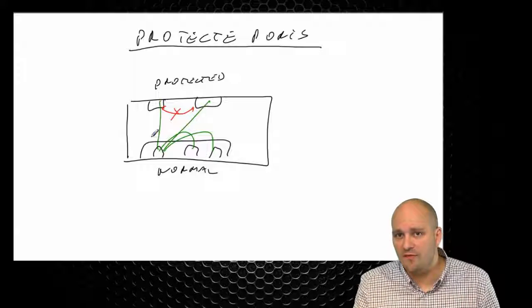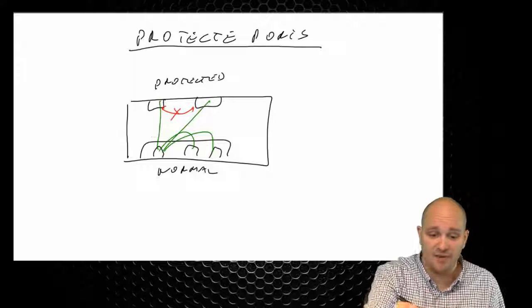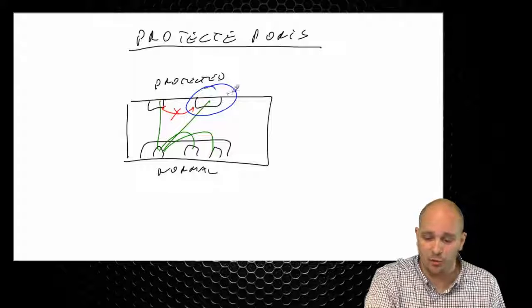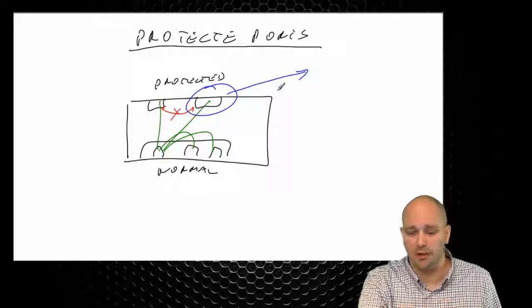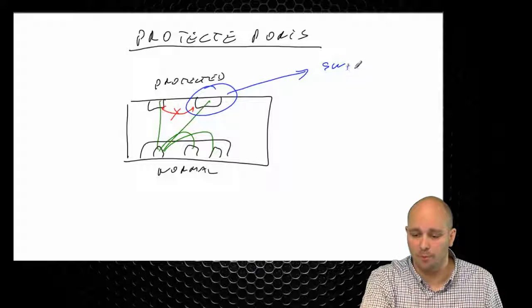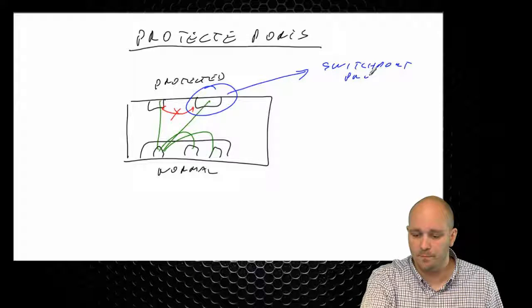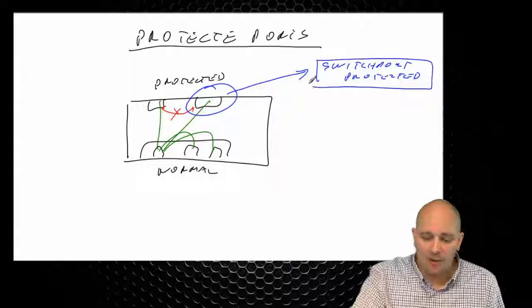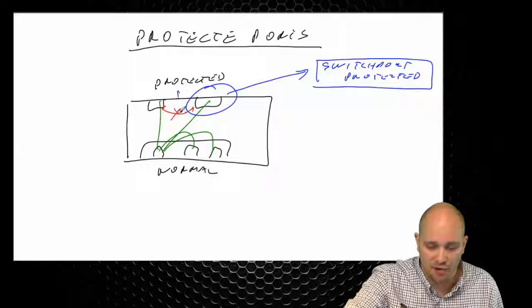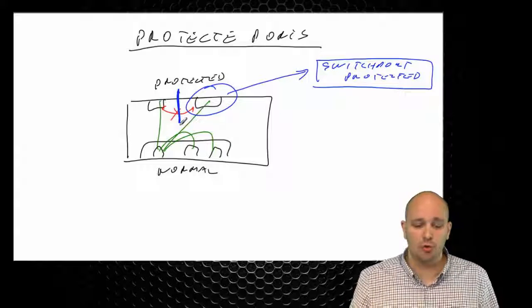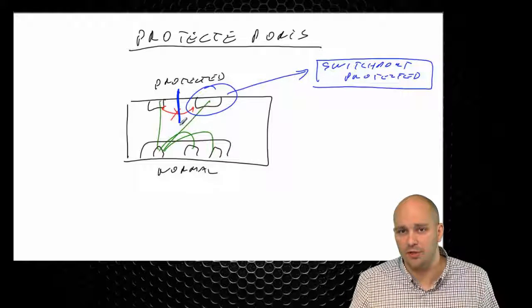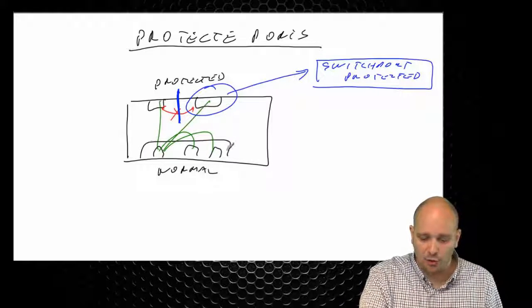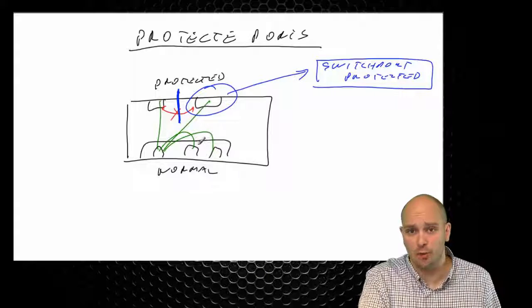This was a very simple feature, and it's very simple to configure. All we have to do is go on this particular port and say switchport protected. When we do this, we are automatically creating this barrier, this filter in layer 2 communication between these 2 ports, and we are still allowing the communication with these normal ports.